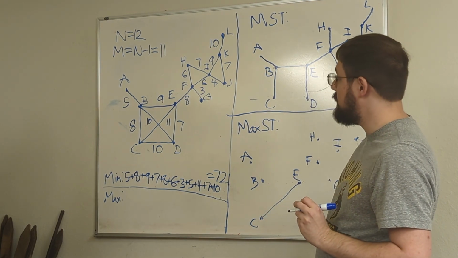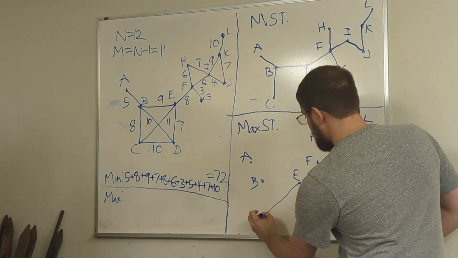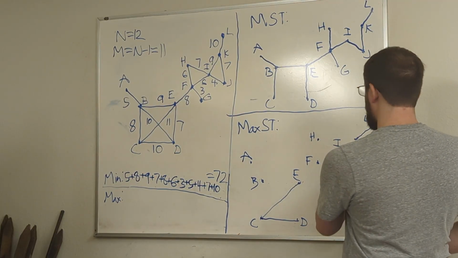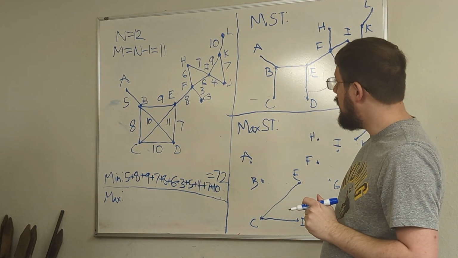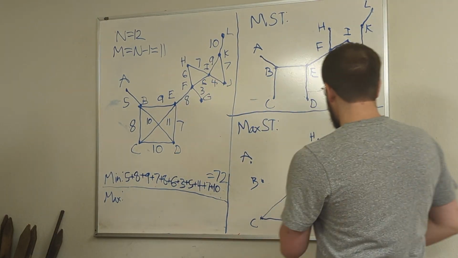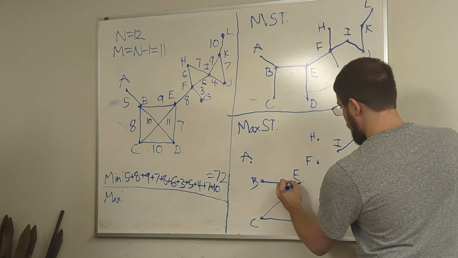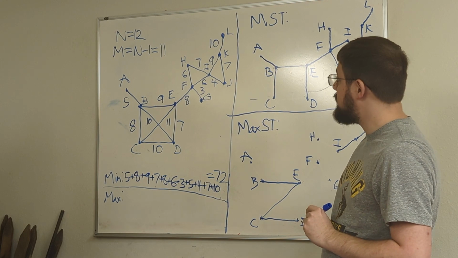Next highest is 10, which we have two places, from C to D and from K to L. Next highest is 9. We also have that in two places, B to E and I to K. Next, 8 from E to F.